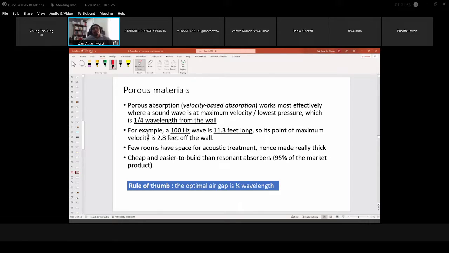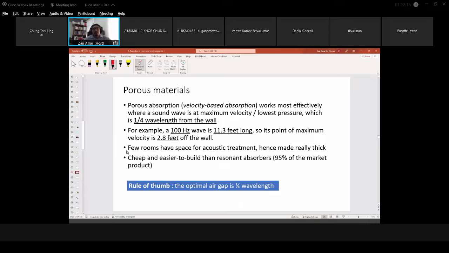That point happens to be a quarter wavelength from the wall. So as a rule of thumb, our air gap also needs to be a quarter wavelength. Not only can we use a thick porous material, we can also put this porous material at a certain distance from the wall.